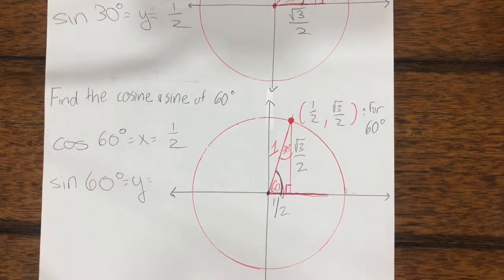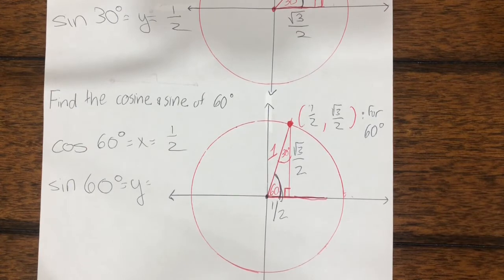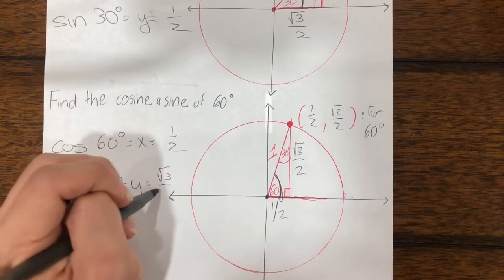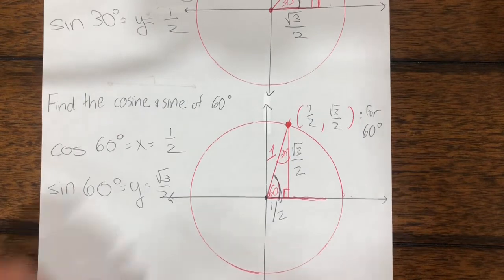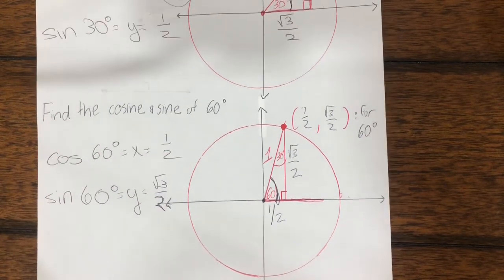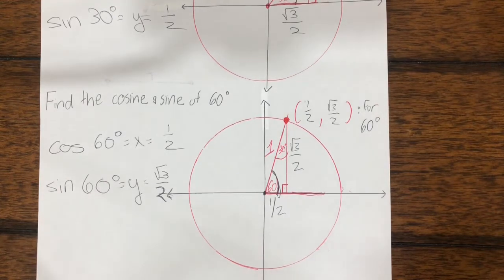So in this case, my y value is √3/2. So we have our two outputs for cosine and sine.